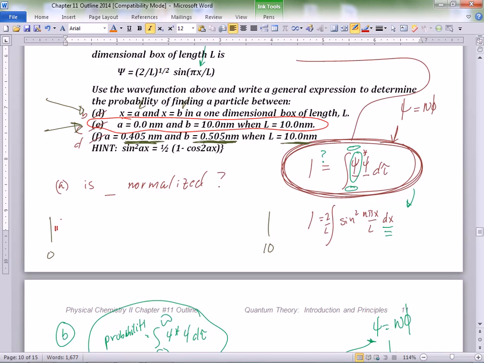Because usually with C, what you did is you take from 0 to 10, which is 10, times 10. That's 100, and then you move it 2 to the left. So if you do the same thing with D, you get from 0.4 to 0.5, just ignore the 5, you get 0.1 times 10, and that gives you a tenth of 10, which is 1, and then you move that 2 to the left. And that's 0.1.